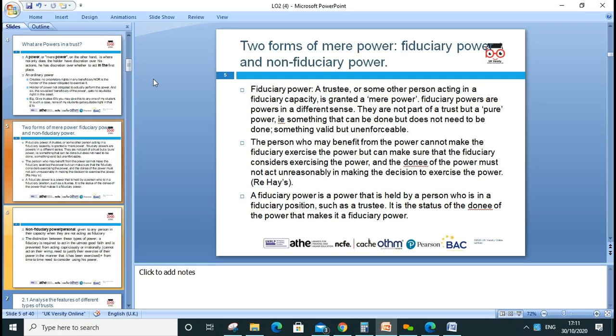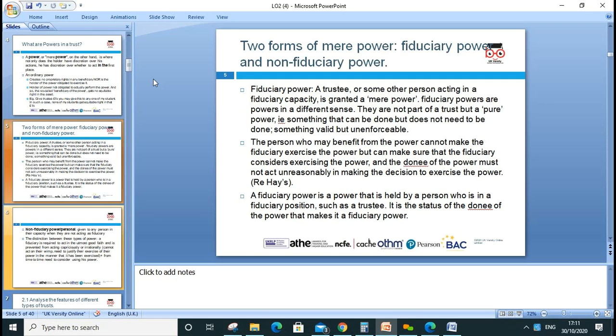They should be a safeguard of others' assets, because that's not yours. So fiduciary powers are a power in a different sense. They are not part of the trust, but a pure power, something that can be done but does not need to be done, something valid but unenforceable.